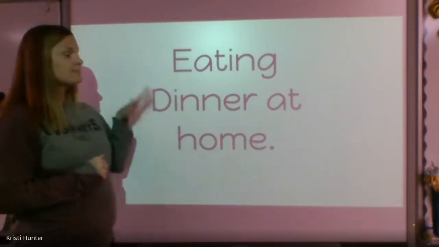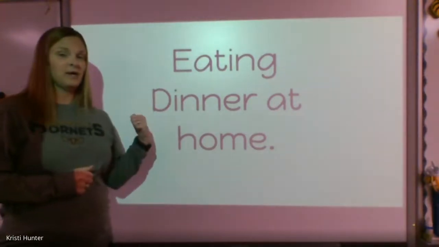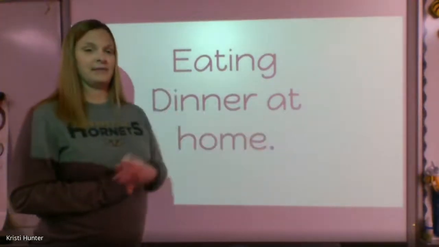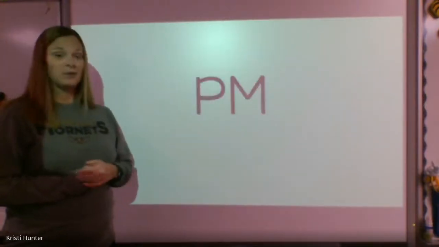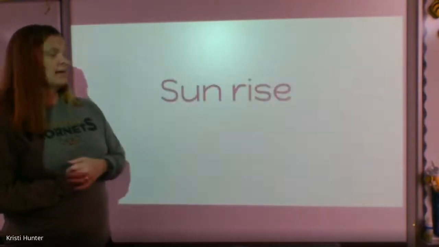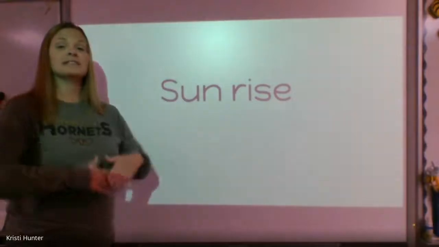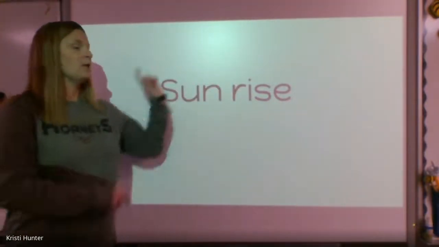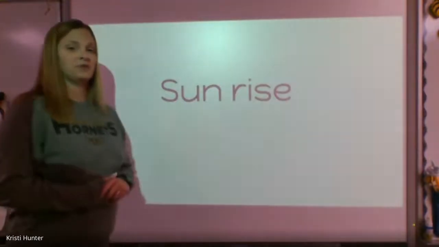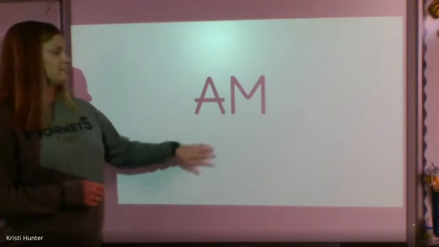So when it's time to eat dinner at home, is that AM in the morning or PM in the afternoon or evening? Said PM, you're correct. How about when the sun rises? When the sun comes up, is that AM in the morning or PM in the afternoon or evening? You're correct if you said AM.